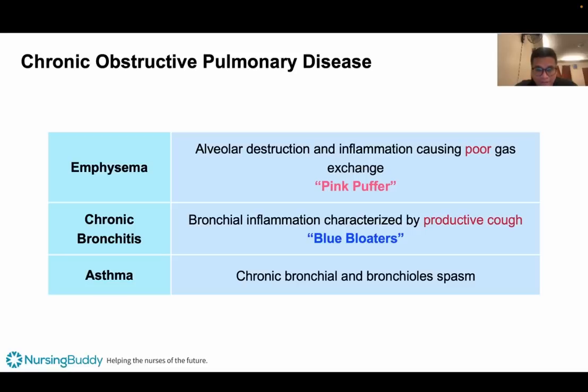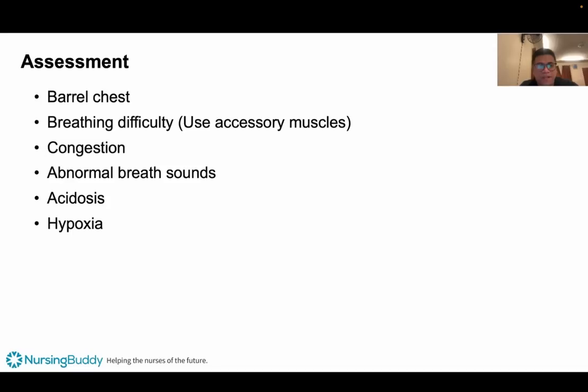So this is bronchial inflammation characterized by productive cough. Asthma, on the other hand, is chronic bronchial inflammation and bronchial spasm, and we know that already. So these three conditions form part of what we call your chronic obstructive pulmonary disease.